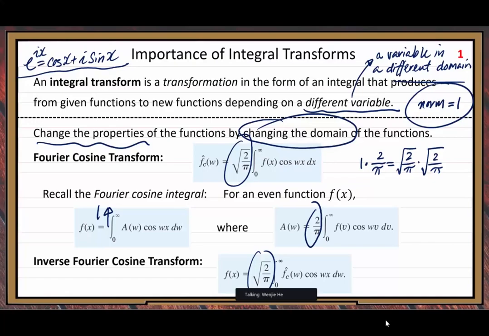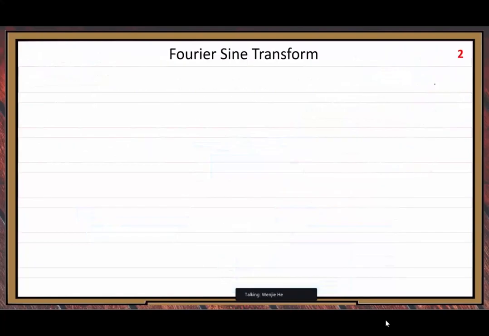But if the given object's norm is not 1, you need to normalize it: you multiply by an appropriate constant to make its norm 1. That's the normalization step. Here, this constant, root of 2 over pi, is the normalization process, making its norm 1. Next, similarly, the Fourier sine transform.